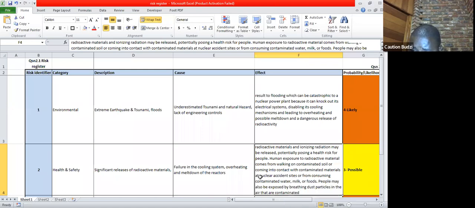Human exposure to radioactive material comes from walking on the contaminated soil or coming into contact with contaminated materials at a nuclear accident site, or from consuming contaminated water, milk, or different types of foods. People may also be exposed to this radioactive material by breathing dust particles in the air that are contaminated.